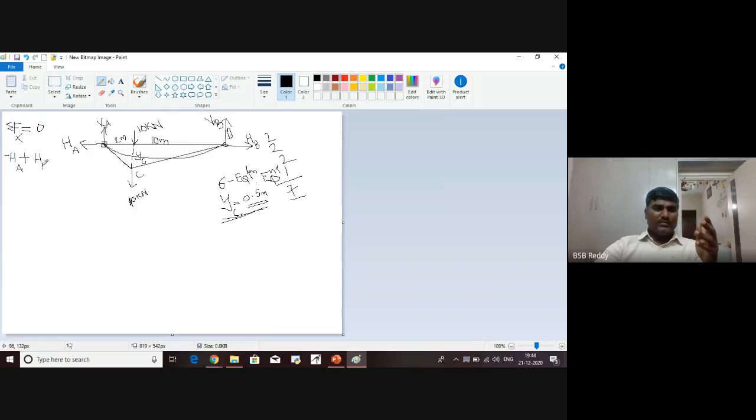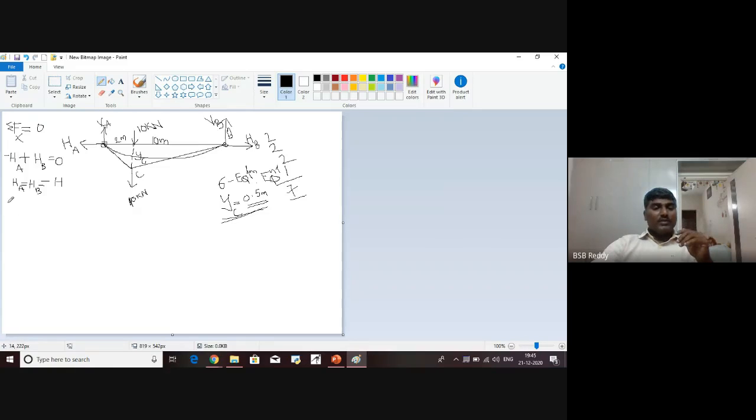I take it as positive, is equal to 0. Only two forces, that's all. So what will happen? So always HA is equal to H, if there is no horizontal force given on the cable.